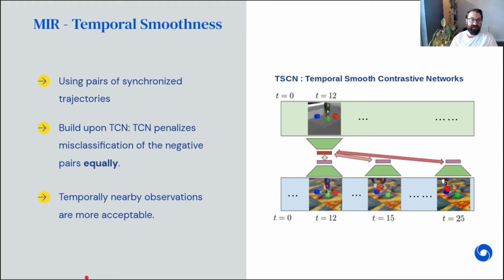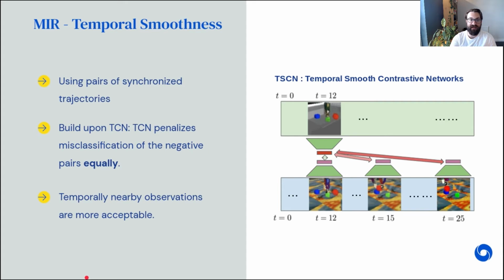And one key property of this representation space that we want to have, as I mentioned earlier, is temporal smoothness. And in order to do that, we build upon time contrastive networks, known as TCN, which is usually applied under a multi-view scenario. What TCN does is that it enforces higher similarity between temporally aligned observation pairs compared to any other pairs selected within a single view sequence.